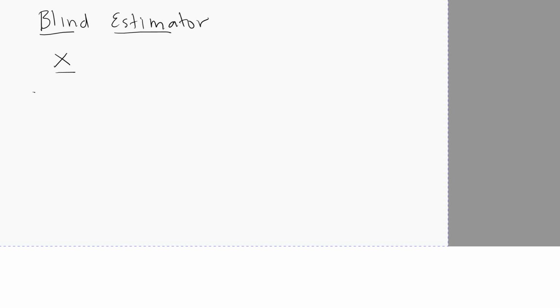Let's say this is a random variable RV, and we denote that x, this is the point that we want to know, the expected point.